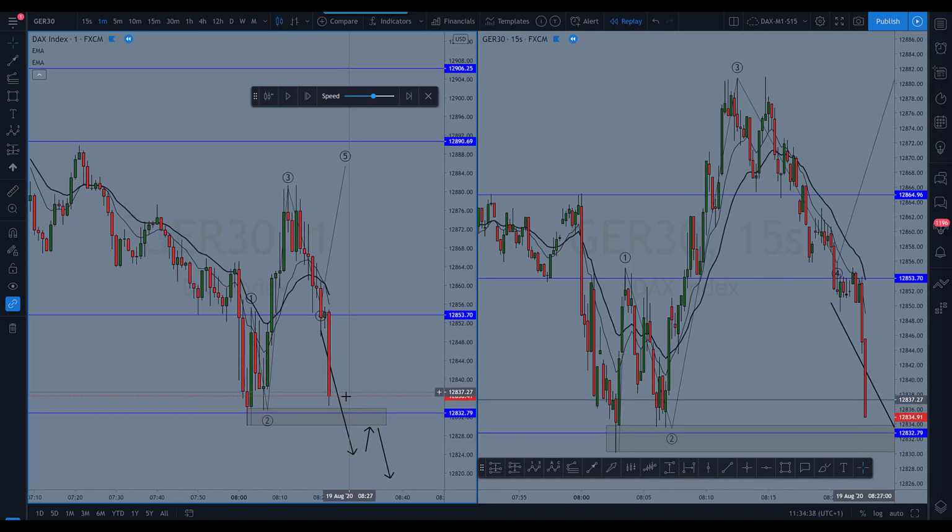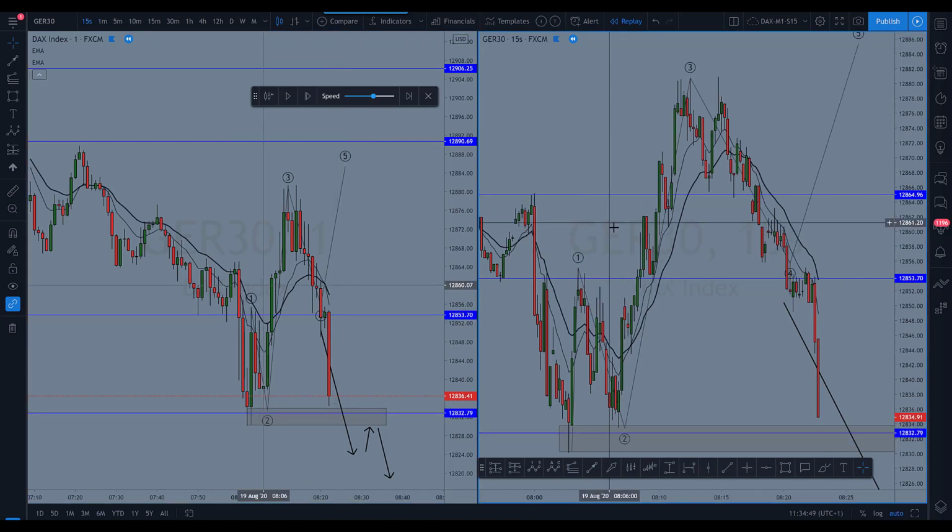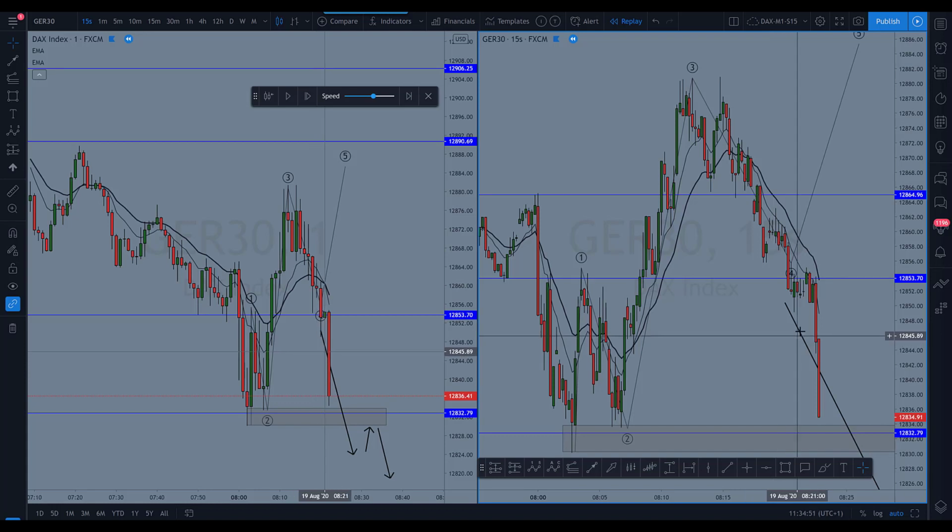Wouldn't it be ideal that you at least take half here before you allow it to test these levels to see whether it is going to break it or not, instead of thinking, oh, I think it will break it and I will get a very, very big win. So let's not take any profits, because if I take half, then my winner is not going to be as big as I want. That's the definition of greed.